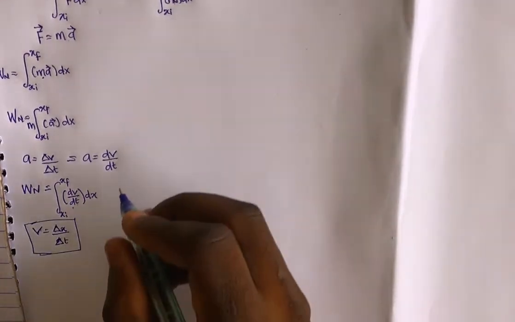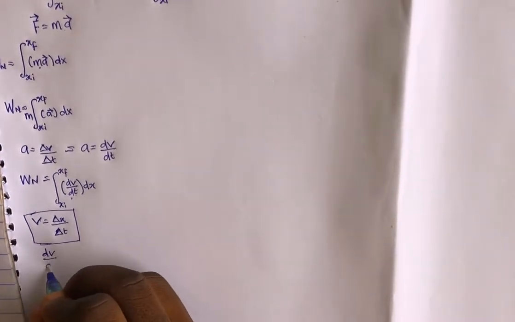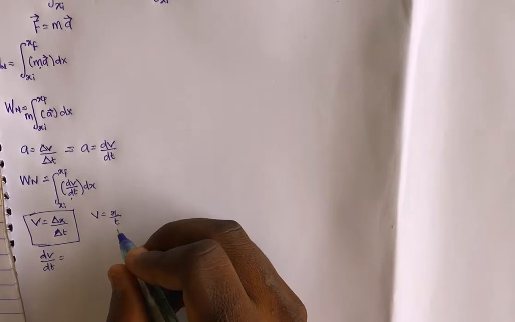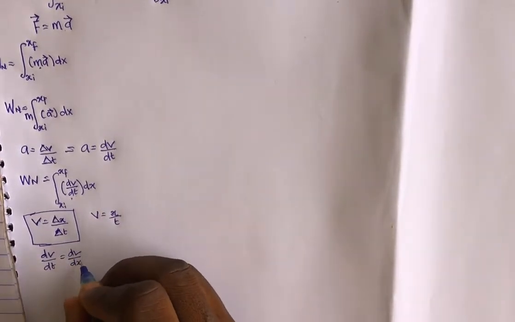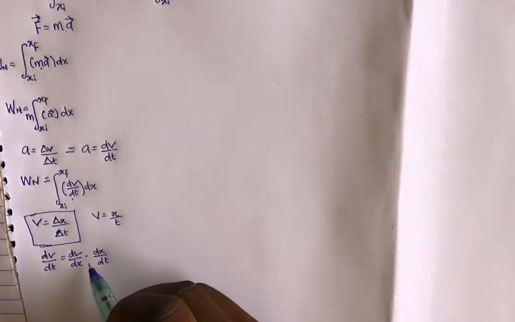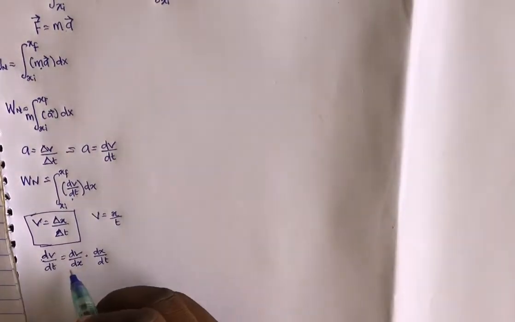Here I can say my dv/dt, since velocity equals distance over time, equals dv over dx multiplied by dx over dt. Yes, according to the chain rule, this cancels this, and I'm having my dv/dt back. Can you see that?